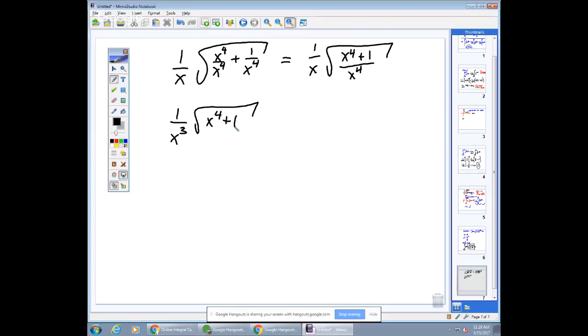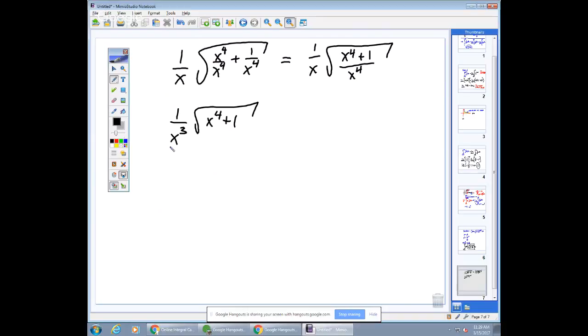I was thinking this looked promising because the derivative of x to the fourth is x cubed, but the x cubed kind of lives in the wrong spot. But it might work out. We'll give it a try. Anybody have another idea before I proceed? What's that? You think it'll work?